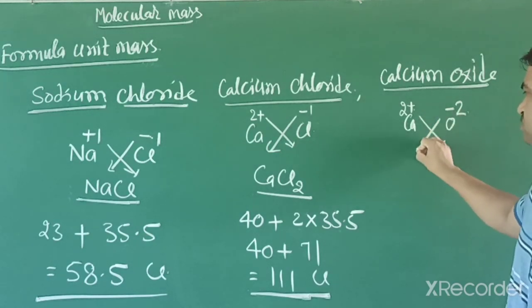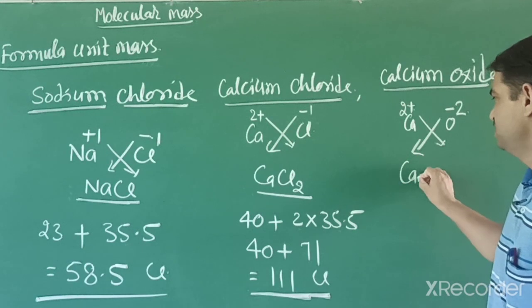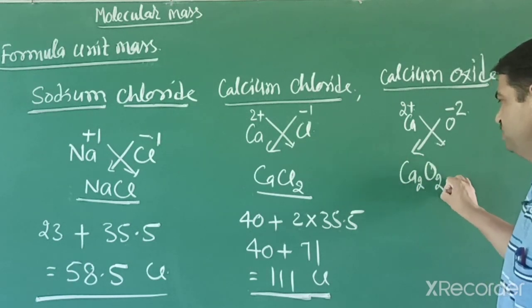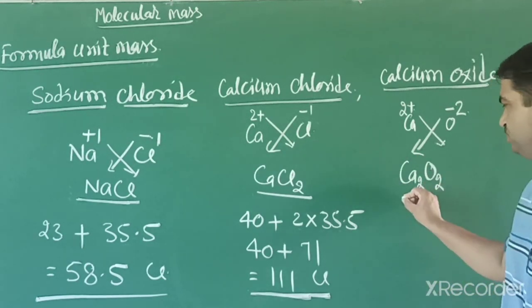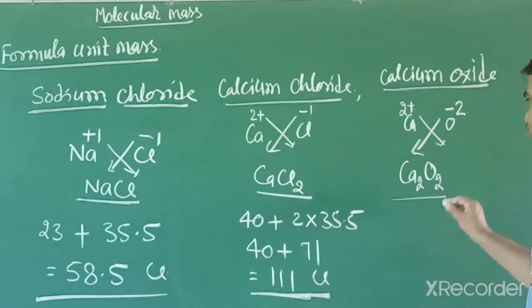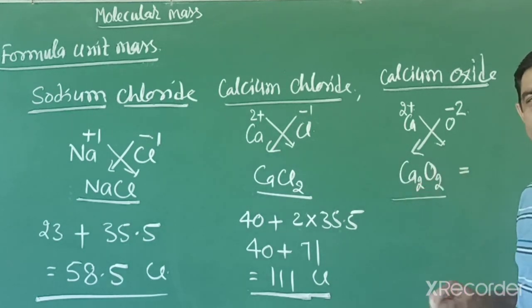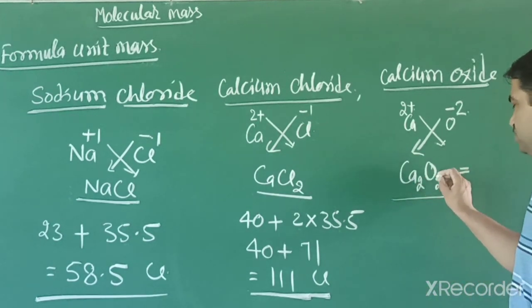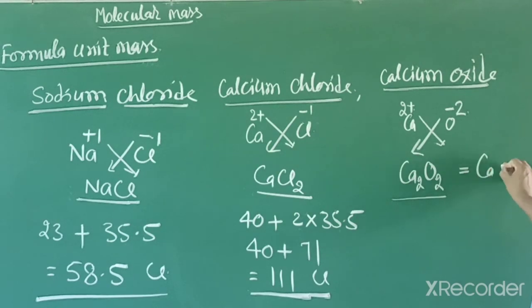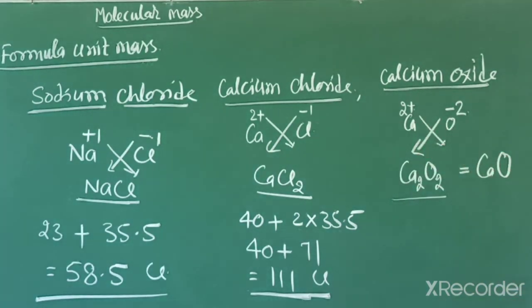Then both have the same charge, so you can write Ca2O2. But this is not the simplest whole number ratio, so we divide by 2 because it cuts by 2, so its formula is CaO, calcium oxide. You can also directly write calcium oxide.